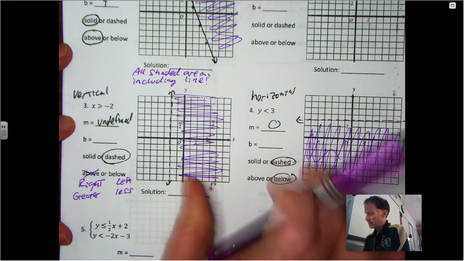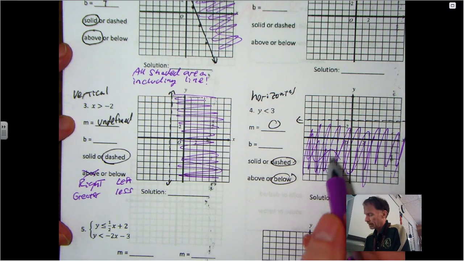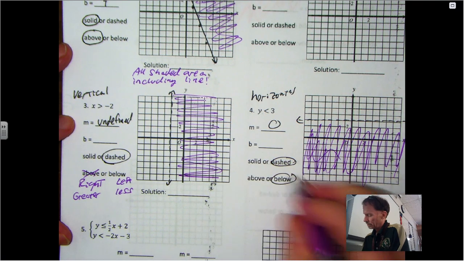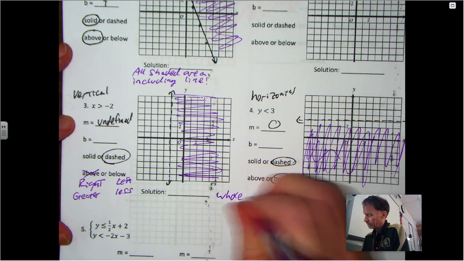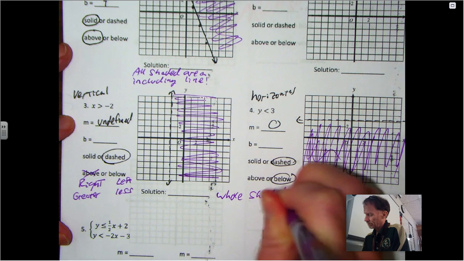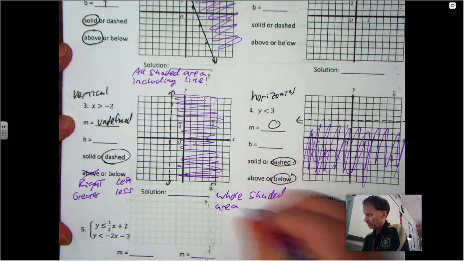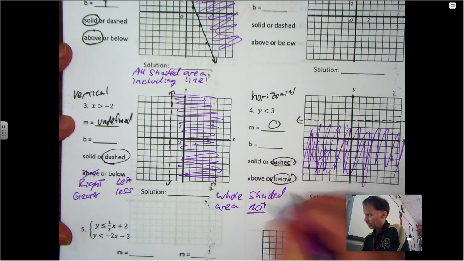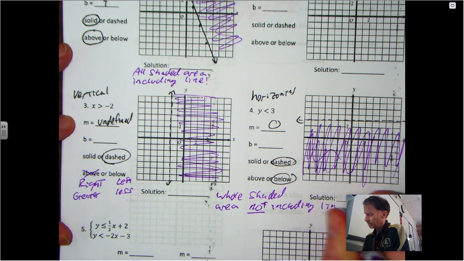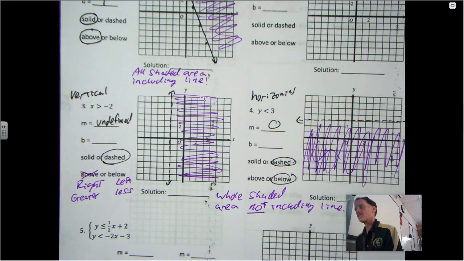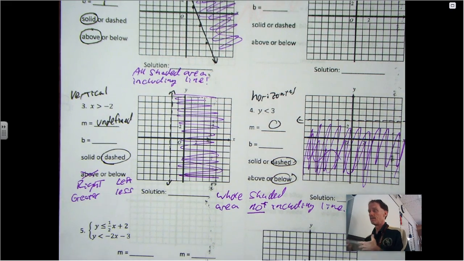And again, remember on both of these, it's the whole shaded area, but not including the line. Okay, so if the line is solid, then the solution includes the line. If it's dotted or dashed, then the solution set does not include any points on the line itself.